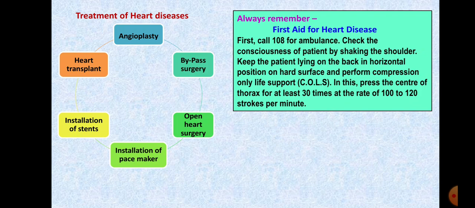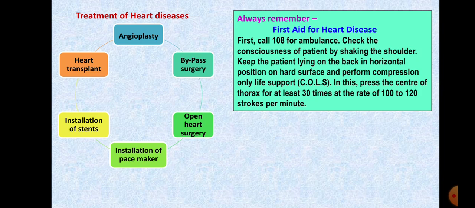Next is installation of stents. Now in this, the doctor cuts the blood vessel either in the thigh region, in the arm region, or in the neck region, and then a very thin tube which is called a catheter is inserted inside the blood vessel which is blocked.